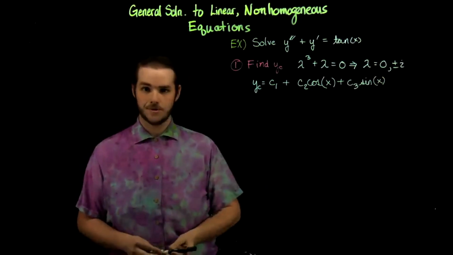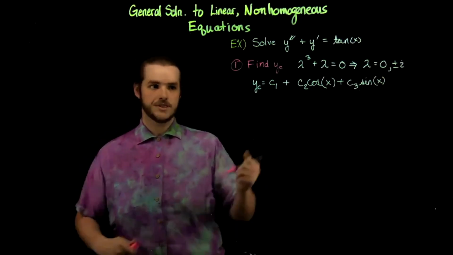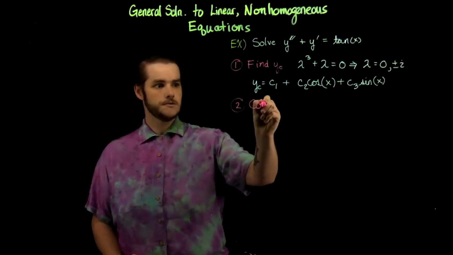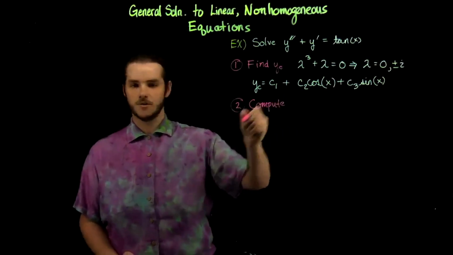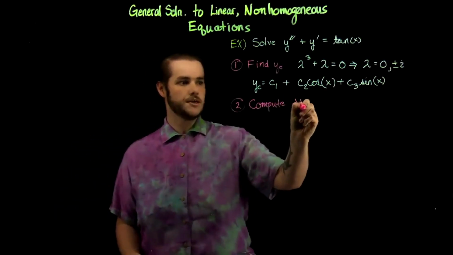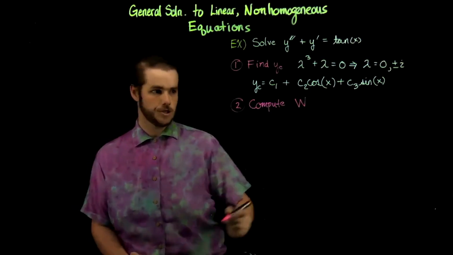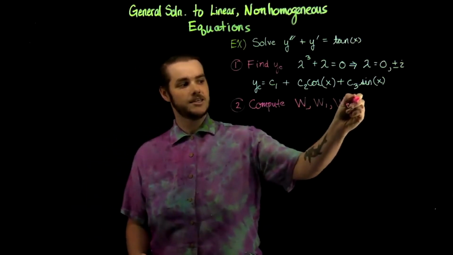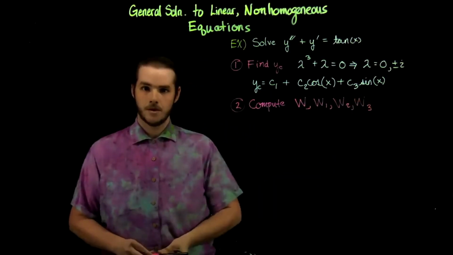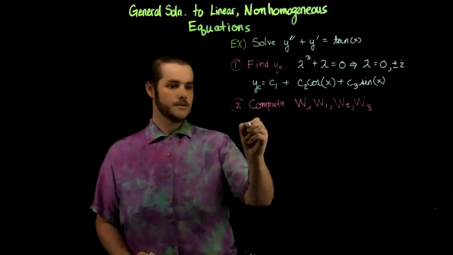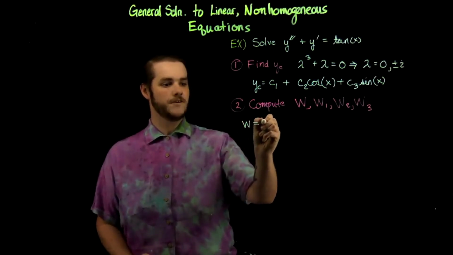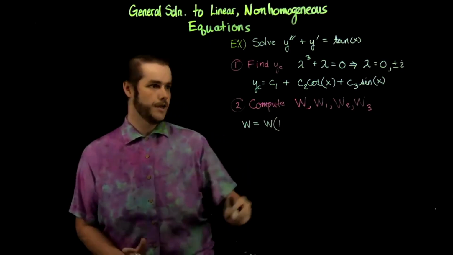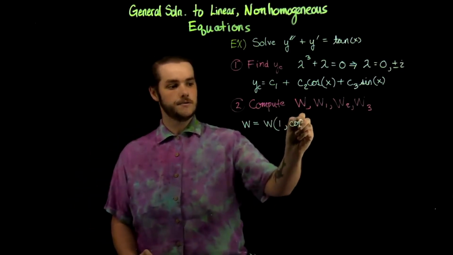There's my complementary solution. The second logical step I need here is to compute all of my Wronskians. And I use that term a little loosely here because there's really just one Wronskian of my fundamental solutions, but I need to build those W1, W2, and W3 for this problem. W is, of course, the Wronskian of my fundamental solutions. Here that's the constant function, or 1, right? I've got c2 times cosine.